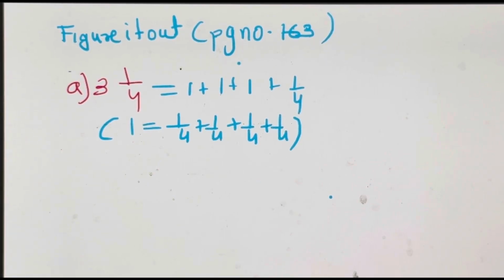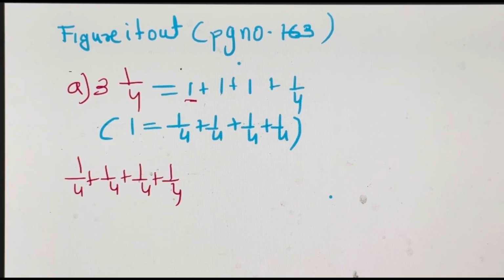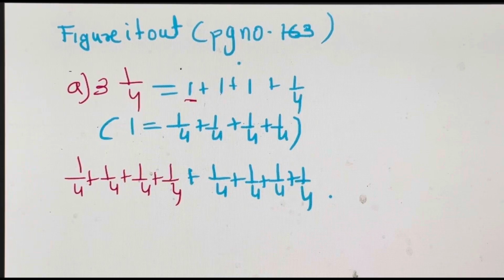So what do we do? We replace this first one as 4 times 1 upon 4. Let me keep changing color so you'll understand it better. Again 1 upon 4, plus 1 upon 4, plus 1 upon 4, plus 1 upon 4. This is the second one.